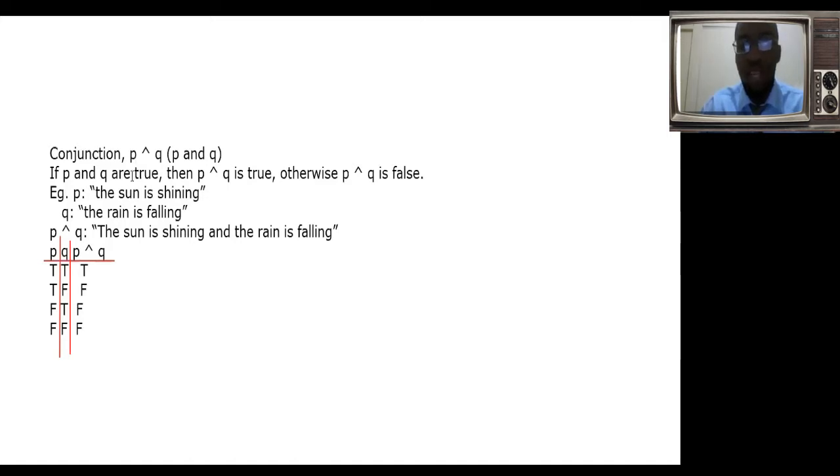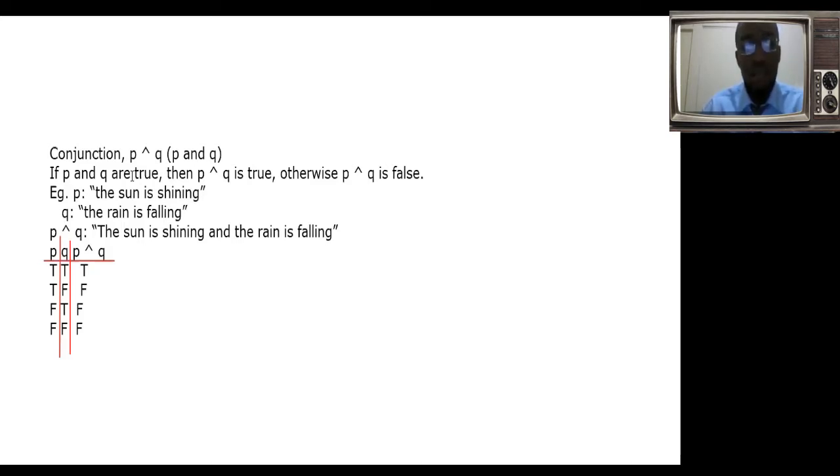And so the only time P and Q are true is when both P is true and Q is true. Otherwise, it is false. So if the sun is shining and the rain is not falling, then P and Q is not true. If the sun is not shining but the rain is falling, then P and Q is not true because both of them still don't occur.